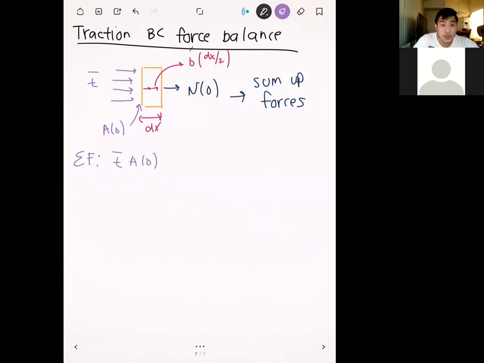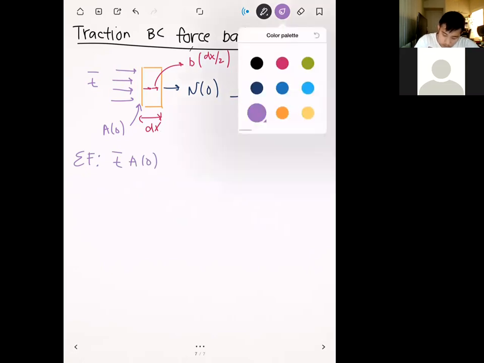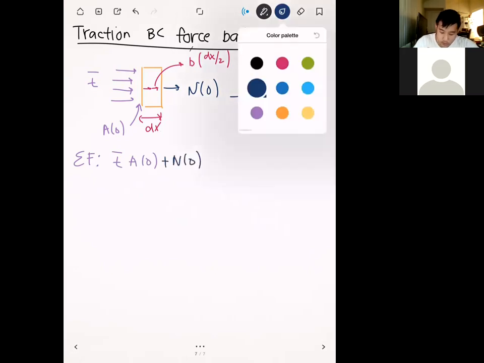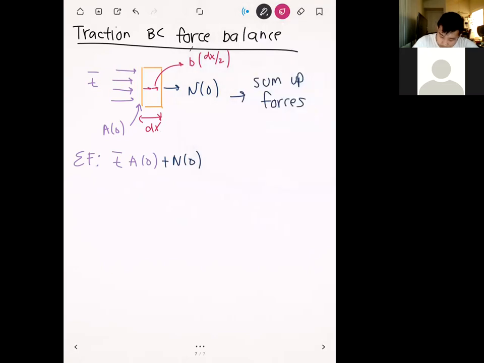That's going to the right, so that's positive. Then we add our internal normal force, plus N of 0. And then we add our body force, b at dx over 2 times dx. And all of this is equal to 0.